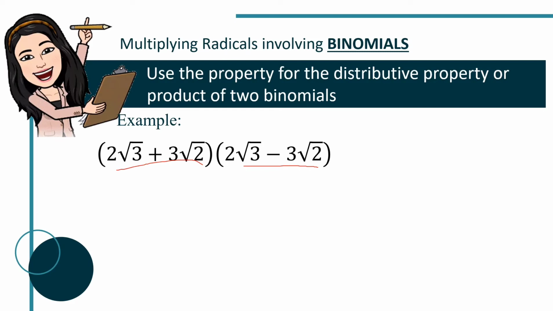Ang given natin dito ay, since ito ay two binomials, same lang ang terms. Tingnan nyo, 2 square root of 3, 2 square root of 3, 3 square root of 2, 3 square root of 2. Ang nag-iba lamang ay yung ating operation, yung isa ay plus, yung isa ay minus. Ano? So, in this case, kung familiar ito sa inyo, ang case na ito ay tinatawag natin sum and difference of two terms.